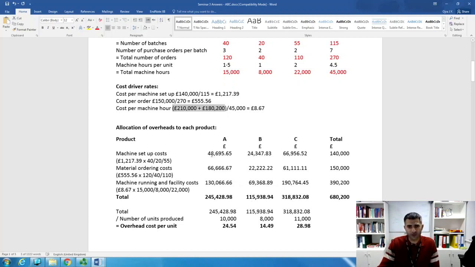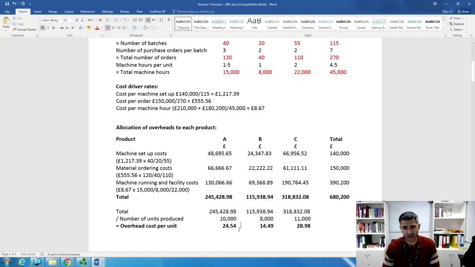So this is the allocation. Now if you add up all the production overhead cost for A, you should be able to find that the total production overhead cost for A is 245,428.98. And in order to find the overhead cost per unit, you simply divide it by number of units available, and the number of units available for A is 10,000 units.